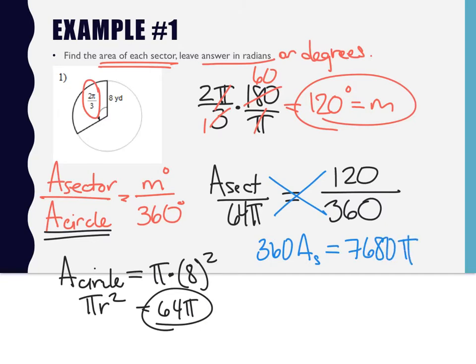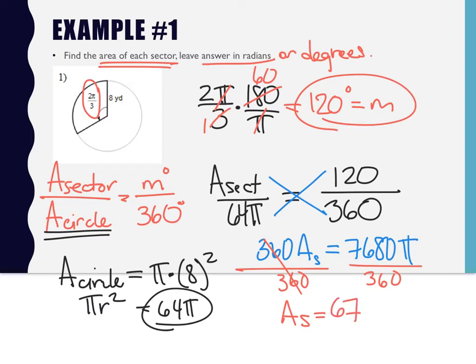If we're solving for A, we need to wipe out that 360. You'll catch on that the steps are the same every time. So the area of the sector now will be 7680 divided by 360. If it does divide evenly, that makes it real easy to leave it in pi. This one does, I believe.